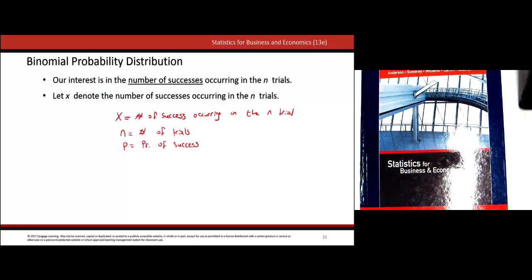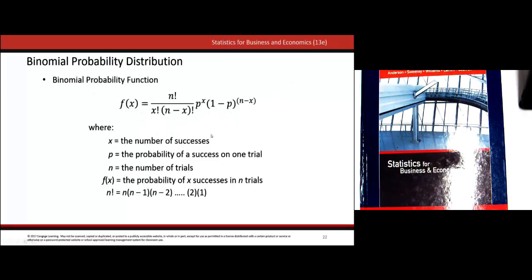And the trials are independent because the outcome on any one trial is not affected by what happens on other trials or tosses. So the properties of the binomial experiment are satisfied. Once we know we have a binomial experiment, we can easily use the binomial probability function to calculate the probabilities.